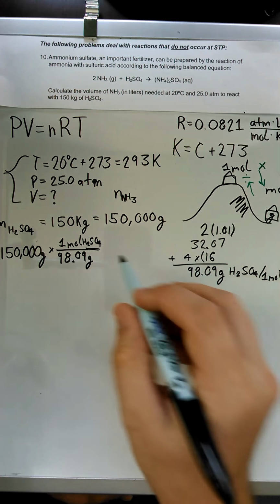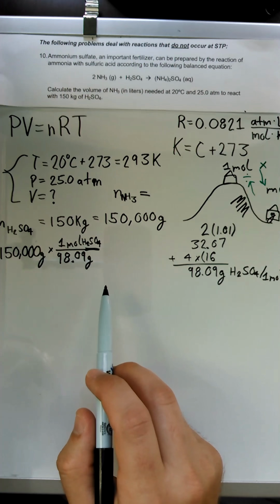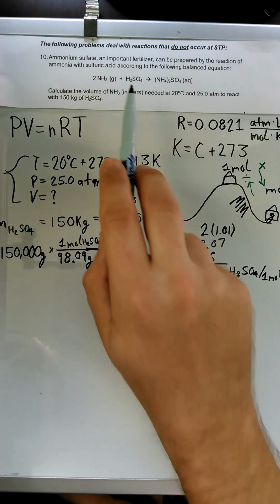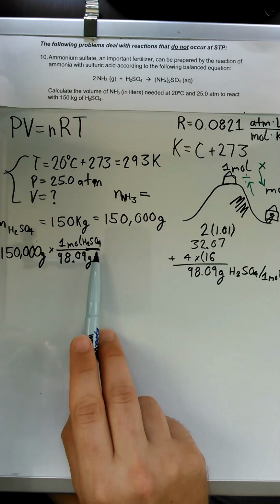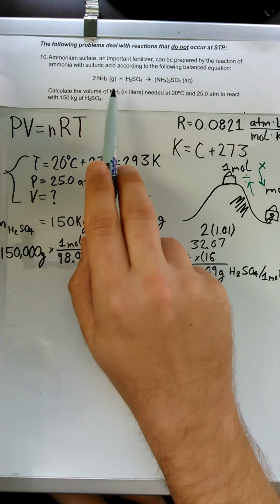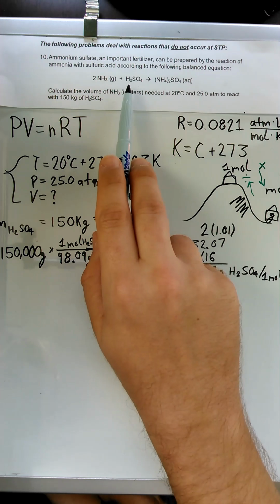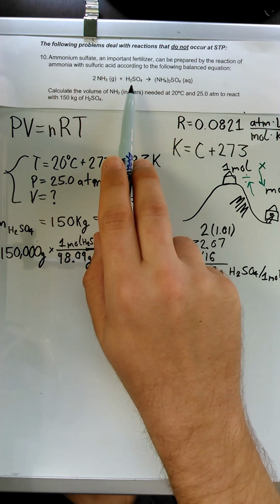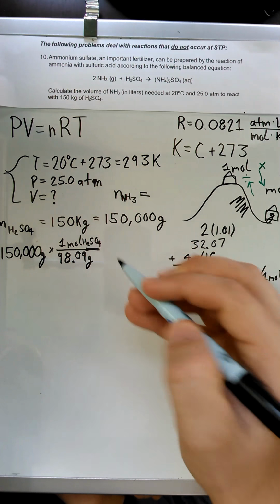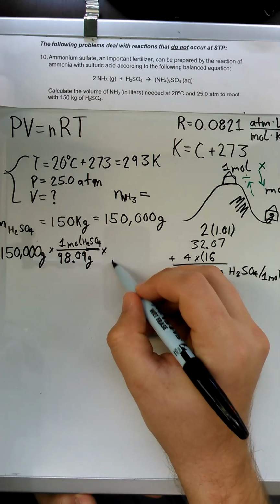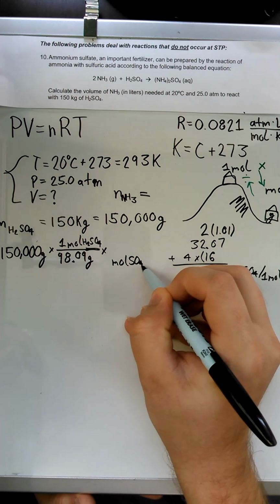Now, to get to moles of ammonia, recall we have to multiply by the mole ratio, which comes from the coefficients in the balanced chemical equation. So we're at moles of H2SO4. We need to get to moles of ammonia. We see for every 1 mole of H2SO4 consumed, sulfuric acid being consumed, we're consuming 2 moles of ammonia. So we're going to write our moles of H2SO4 in the denominator here.